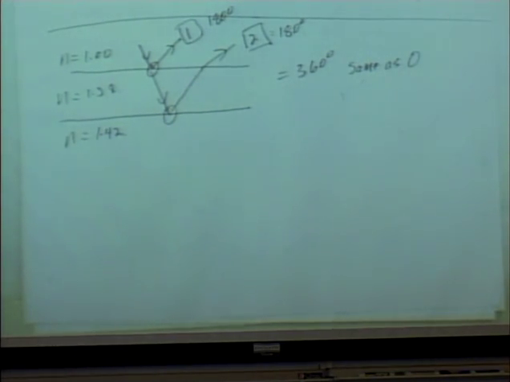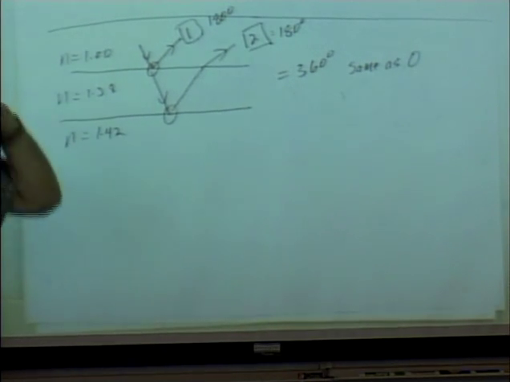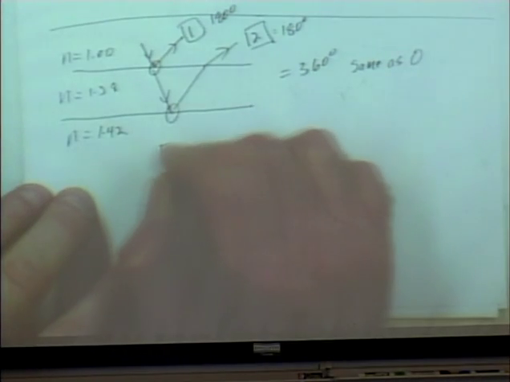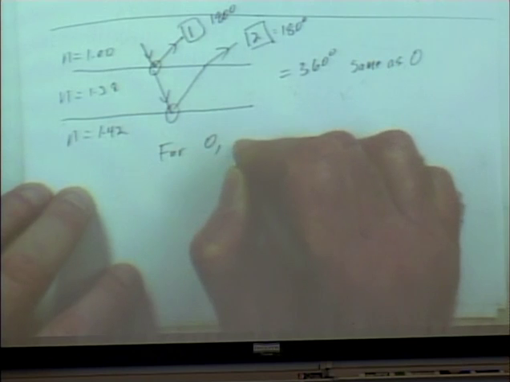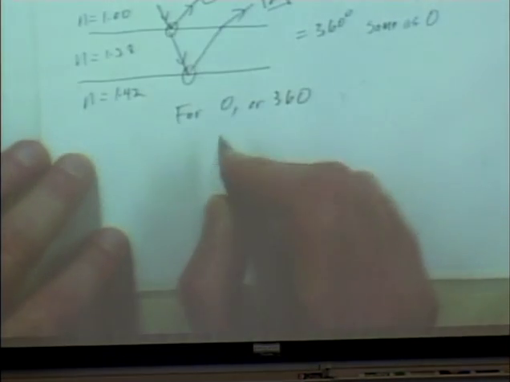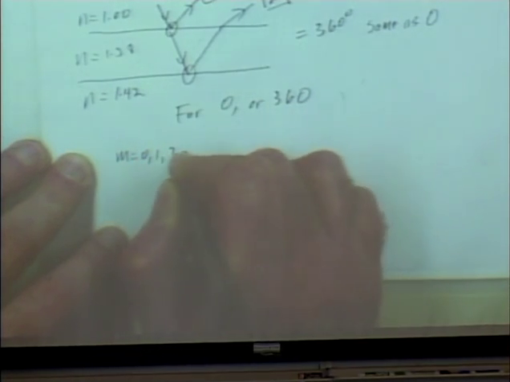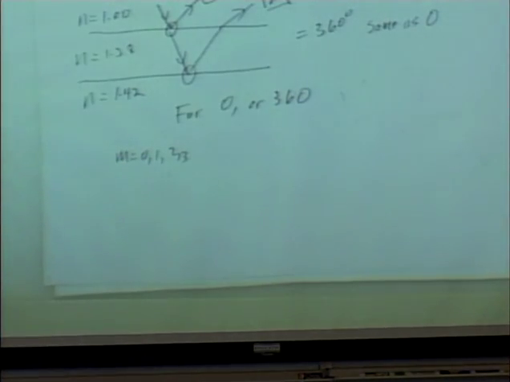So in this case, guess what happens? These guys are flip-flopped. So for 0 or 180 or 360, in other words, you've got this for m equals 0, 1, 2, 3. Wait right there.